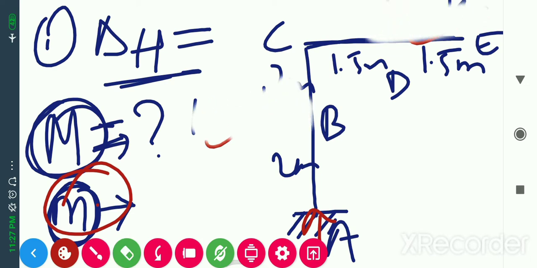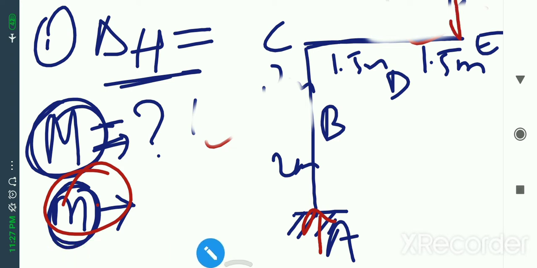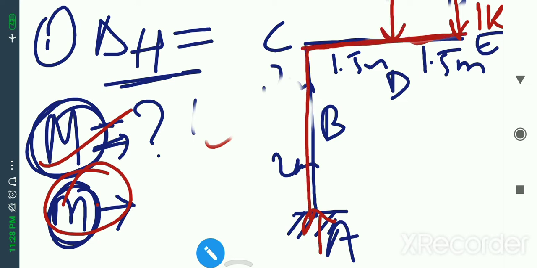And this value of small m is used when all the loads are removed, and a unit load of 1 kilonewton is placed at the point where deflection is to be determined. So let's start. We will analyze point wise so that our calculation will get easier.